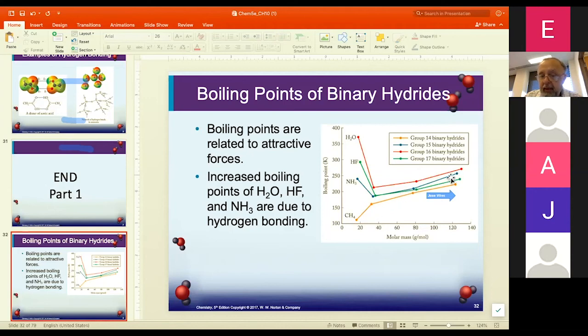So in this part here, they follow the molar mass, but not necessarily, because these ones are going to be fairly good dipoles, not only dipoles, but hydrogen bonding. And hydrogen bonding is what makes these three, instead of going downwards, go up.